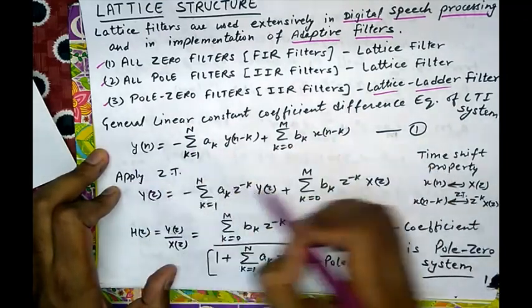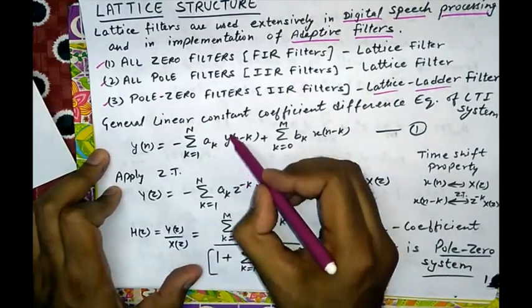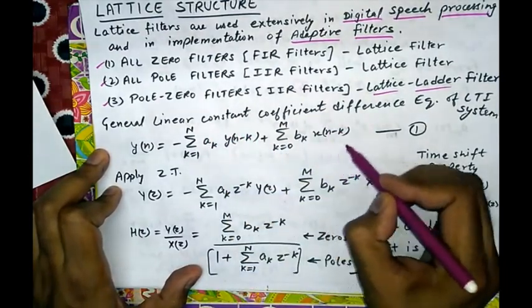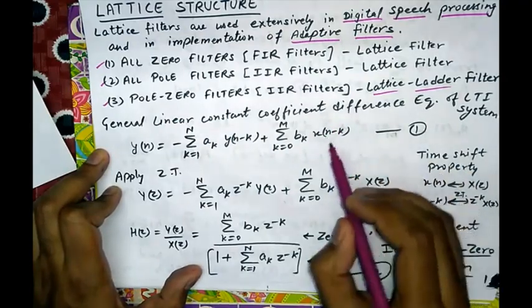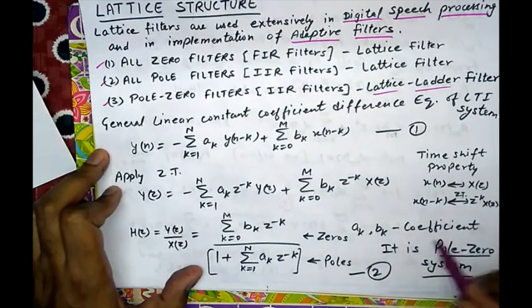Physically, it means that the output of any filter is a combination of its previous or past outputs and present and past inputs with the help of some coefficients, where a_k and b_k are known as filter coefficients.